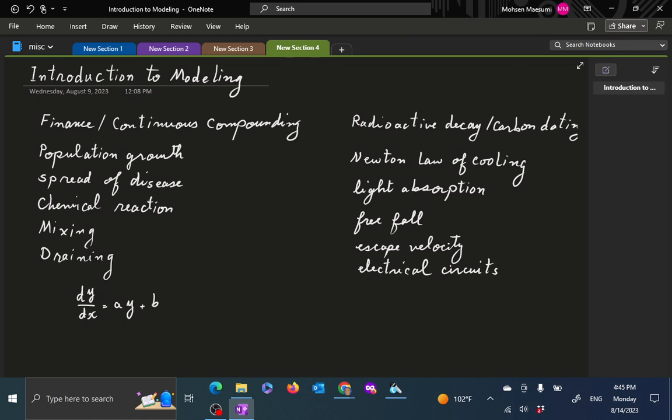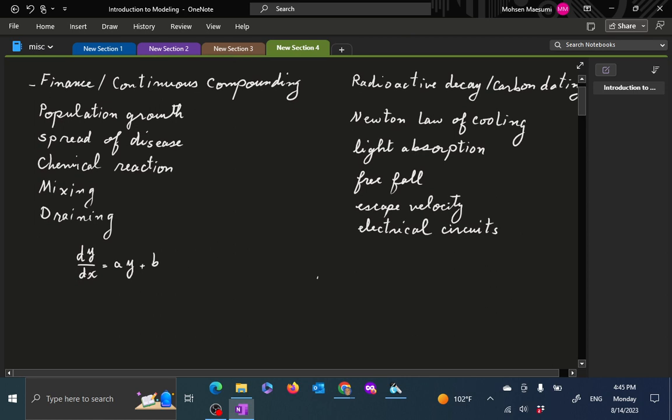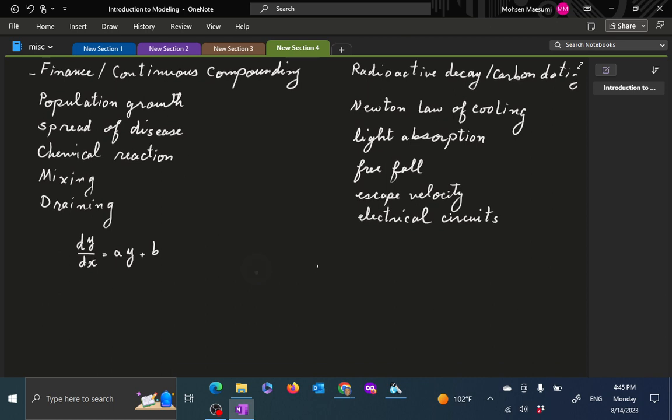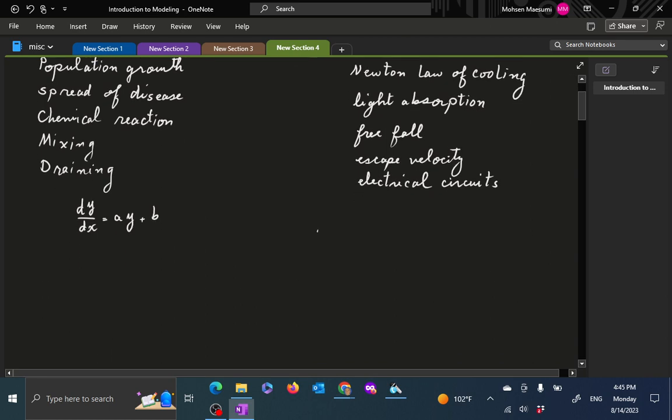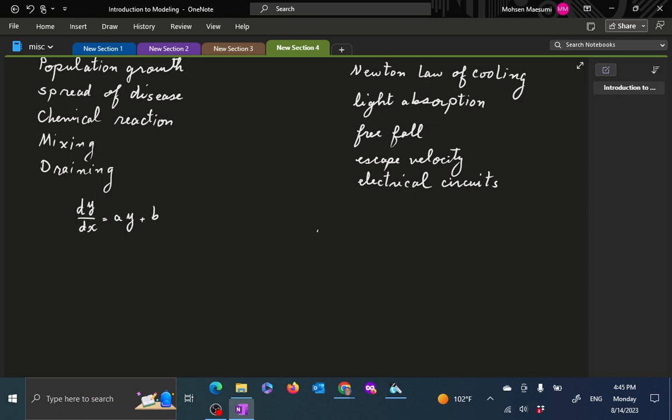Let's go to the very first one. How does finance and continuous compounding relate to differential equations? So we know that if you put money in an account, you are essentially lending something that belongs to you to a bank, and then of course you expect to be paid something for this act.